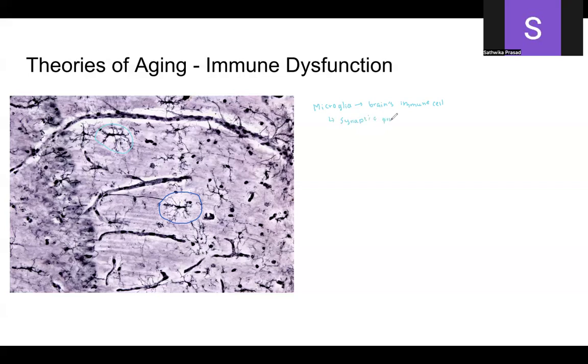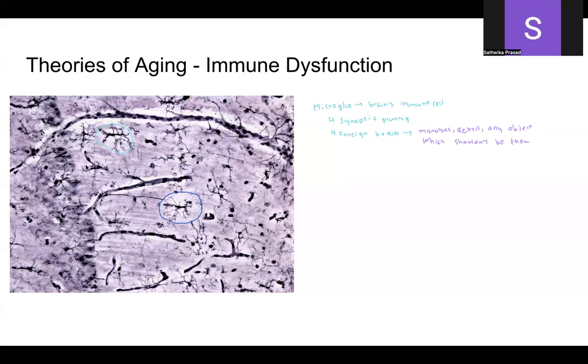But its main job is if it sees any foreign bodies, for example, any invaders such as microbes, or say any debris or any unwanted substances, basically any object that shouldn't be there, the microglia eliminates it.